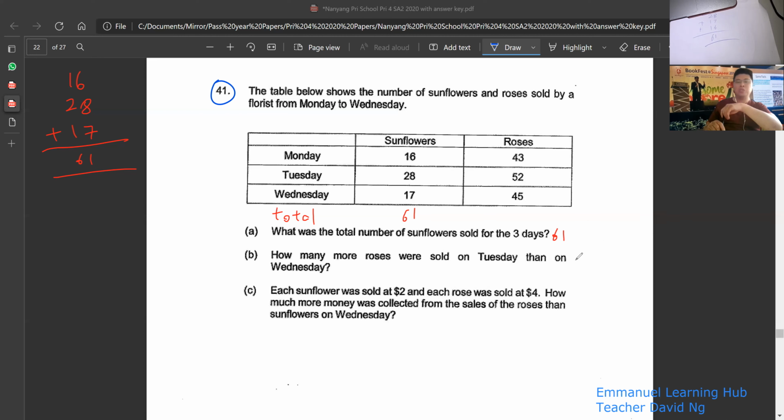How many more roses were sold on Tuesday than on Wednesday? So what are they comparing? Does part B have anything to do with sunflowers?